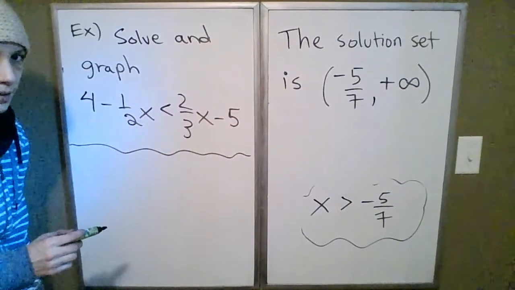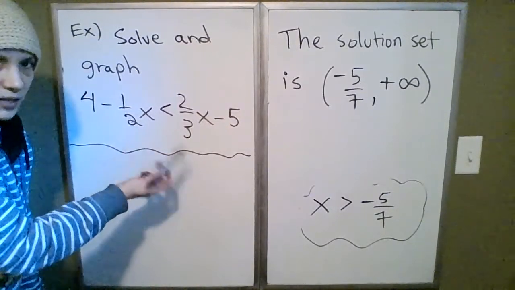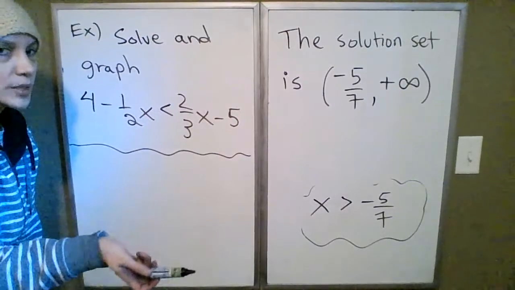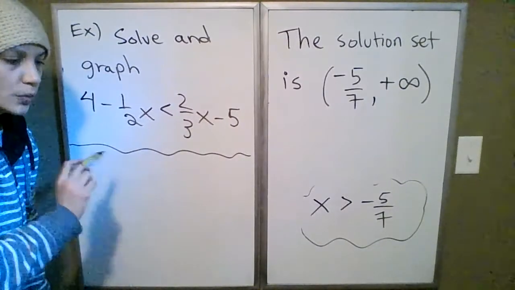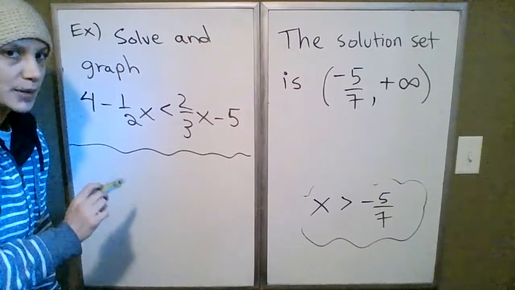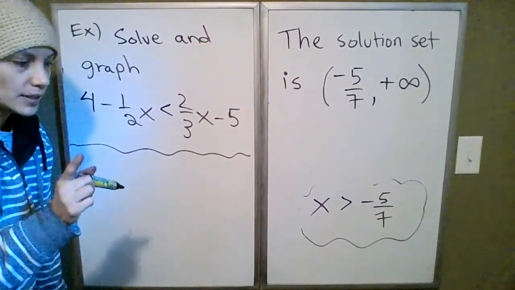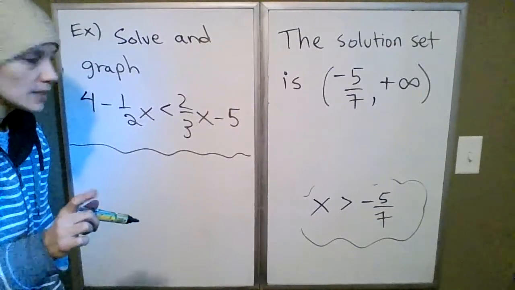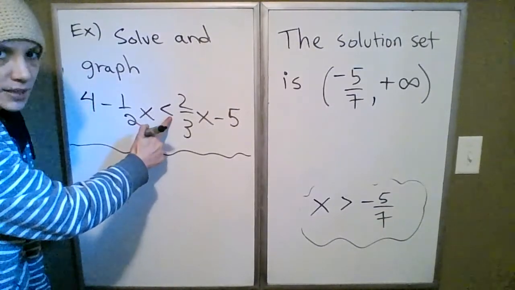Okay, so first of all, you can notice there's fractions. Fractions can be a little messy to work with, so you can use a trick we've had before, where to clear the fractions, multiply both sides by the LCD. And just be careful, I would use a positive number to clear the fractions, so that way you don't have to worry about flipping the sign.